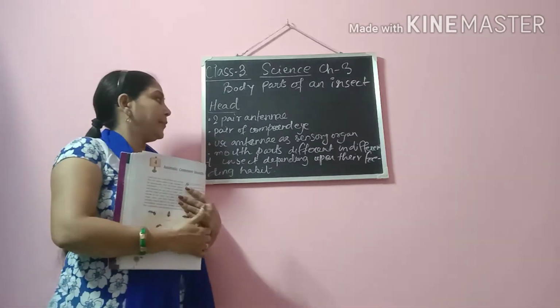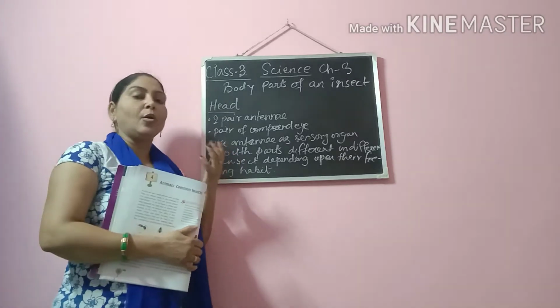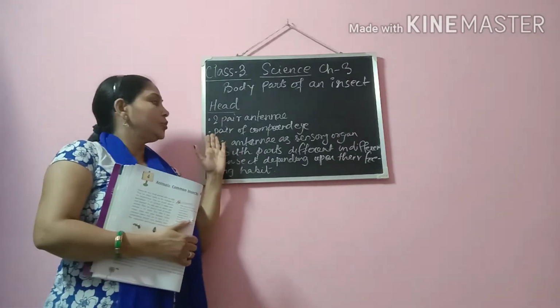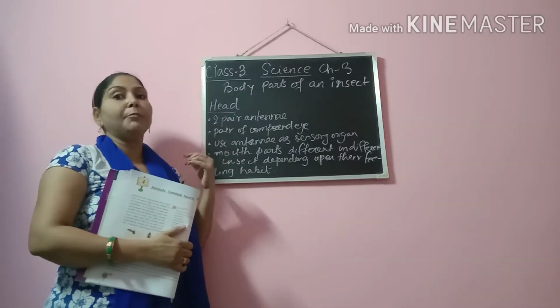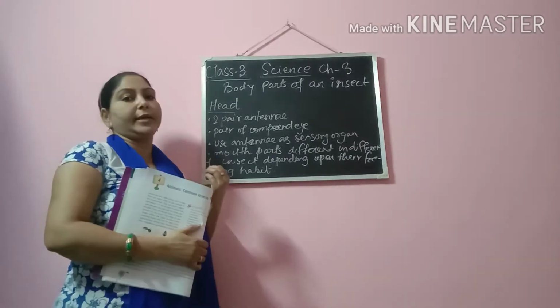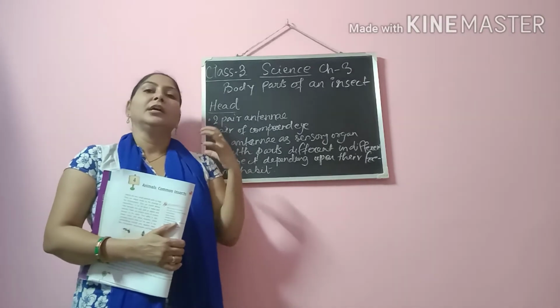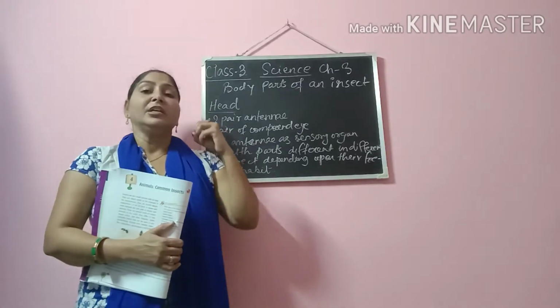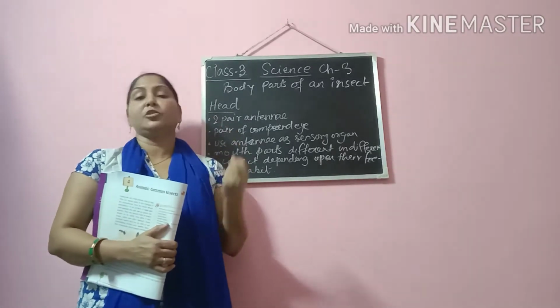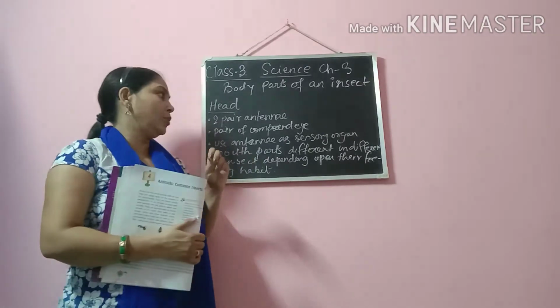Then the head also consists of one pair of compound eyes. I told you what a compound eye is. Compound eyes means each eye is comprised of a number of small units of eyes. So that is compound eyes.